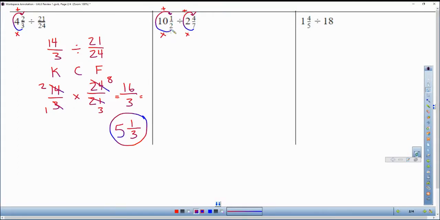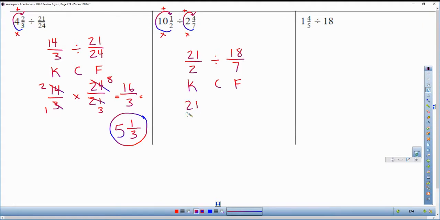We can't divide the numbers as they are now. 2 times 10 is 20, plus 1 is 21 halves. Divided by, keeping the division, 7 times 2 is 14, plus 4 is 18 sevenths.